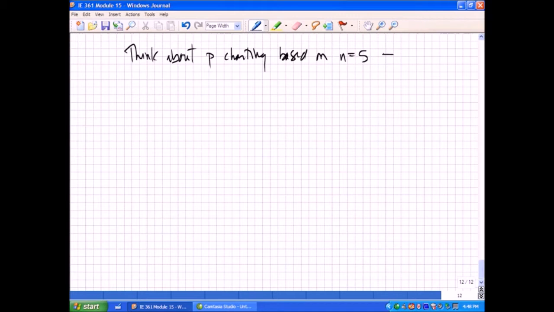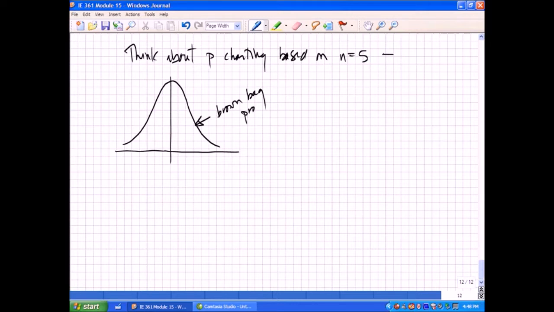Now, if one takes a normal distribution that's representing the brown bag, so if this is the brown bag process, and I think of it as normal with mean 5 and standard deviation 1.715, that's sigma.